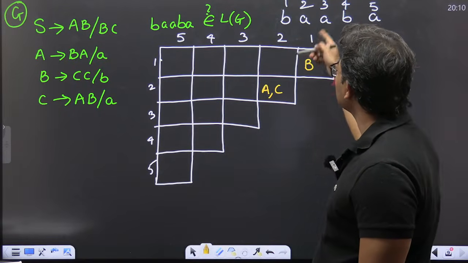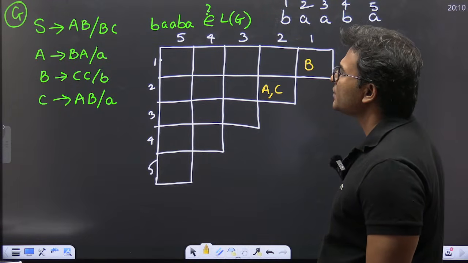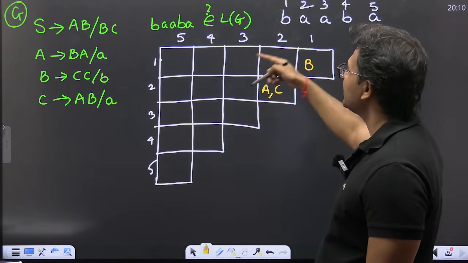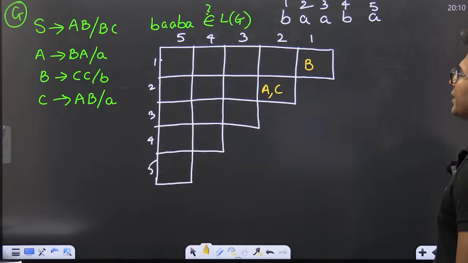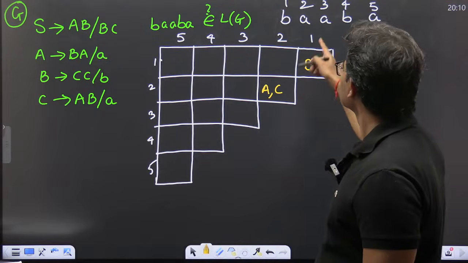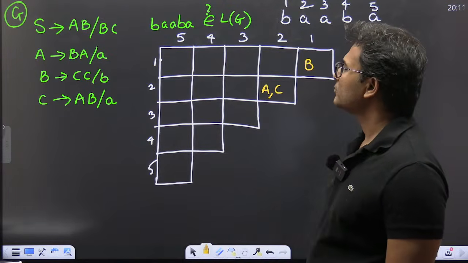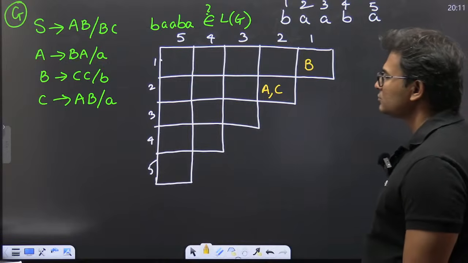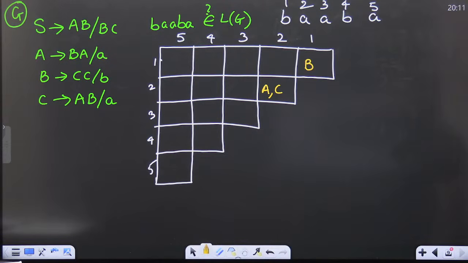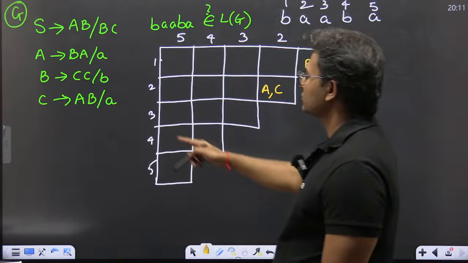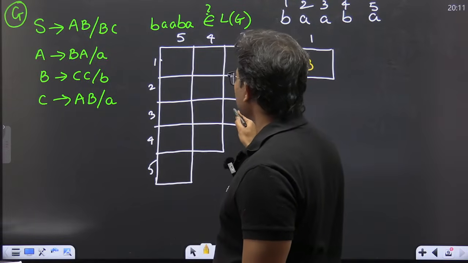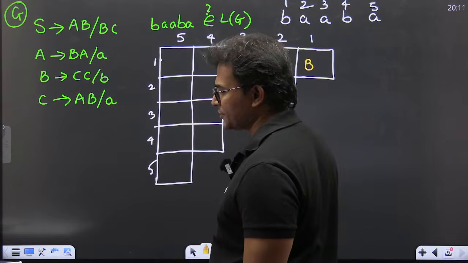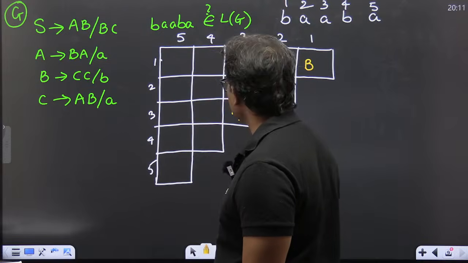And then 3 3. 3 3 is A. Again for A we get A comma C because A and C are present.